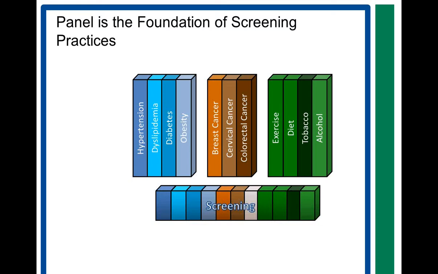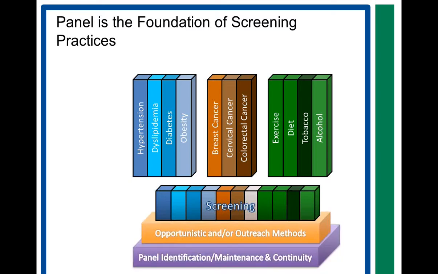But in order to provide a holistic screening approach using opportunistic or outreach methods, we're actually promoting that holistic approach for screening our clients or our patients. And at the basis or at the foundation of this is the panel. Who are our patients? And the panel is considered fundamental in order for us to achieve excellent population-based screening.